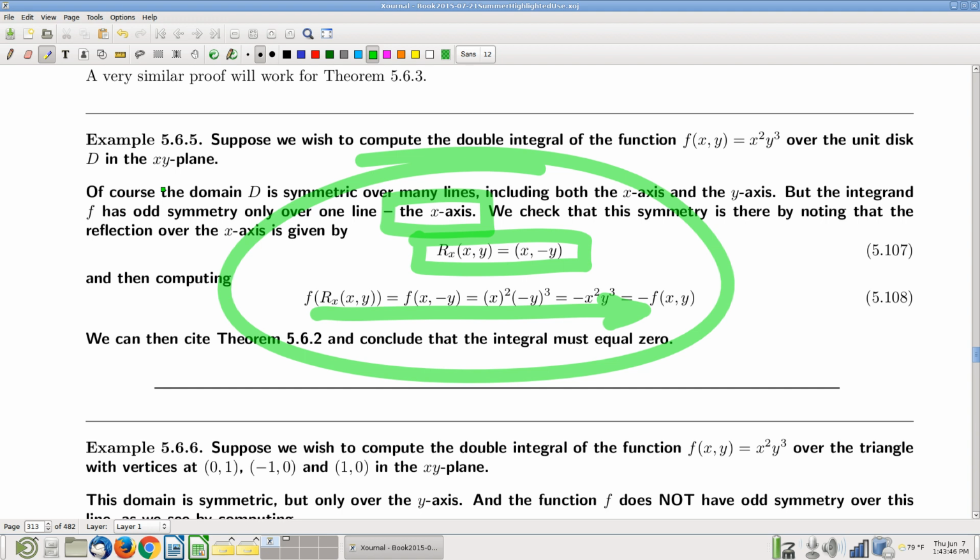In other words, if the symmetry argument is a tiny fraction of a much larger problem, then you can just say, for example, symmetry over the x-axis. How much of this I want to see is proportional to how much the evaluation of that integral is a part of the entire question. If it's a small fraction of the question, I only need to see a small fraction of this.